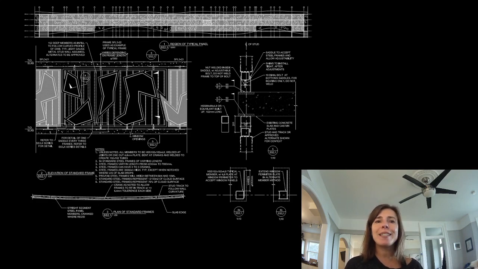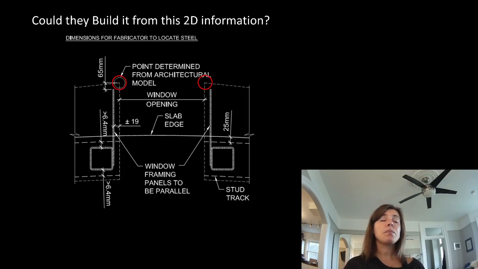But it's not as big of a risk to us because we have access to the information in a way they don't. So we found a steel fabricator that was willing to work in this new format where they would actually get 3D fabrication drawings from not the base building engineer, but the facade engineer, and build directly from that.